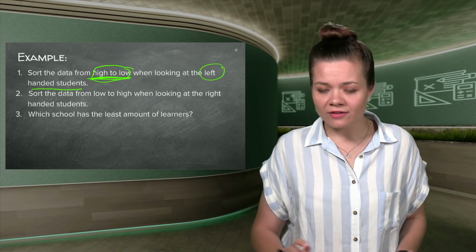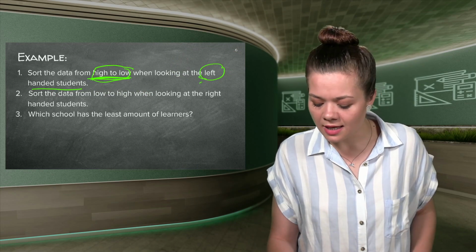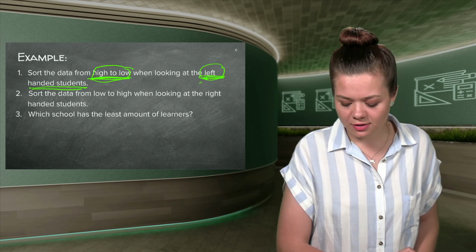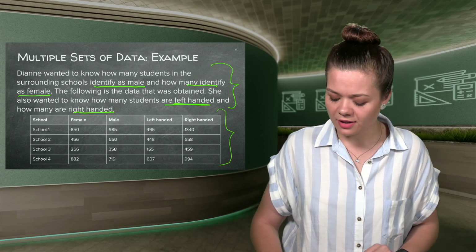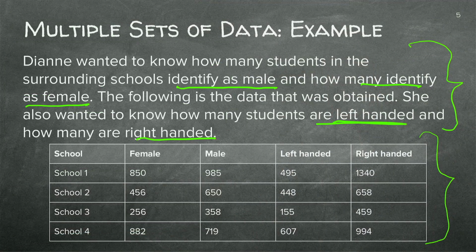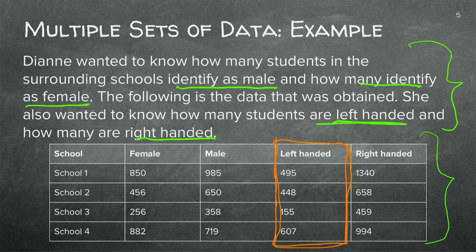And then because you have a lot of data in the table, you must notice that it says left-handed students. So let's go to our table and encircle a few things that will make it easier. I'm just going to use orange to encircle the left-handed column so we know which data we are working with. And just from high to low.